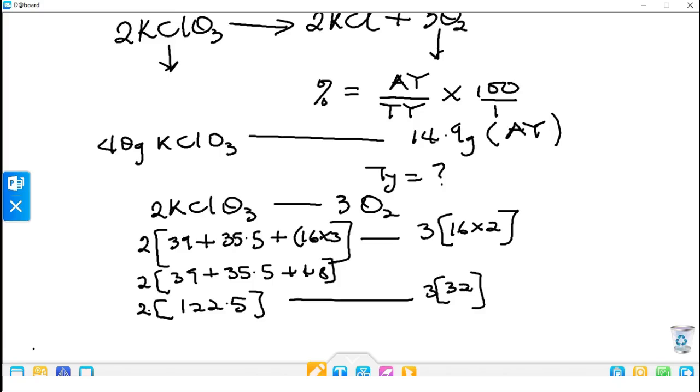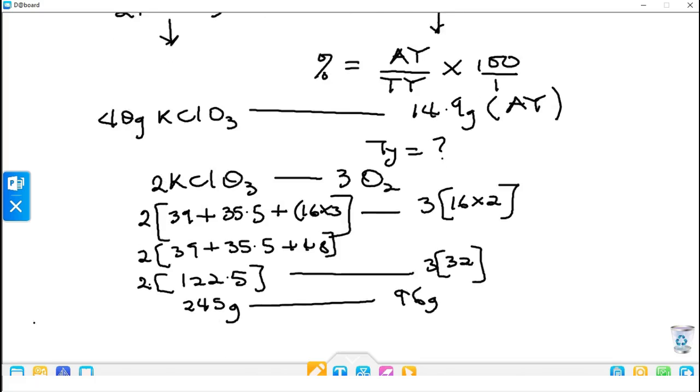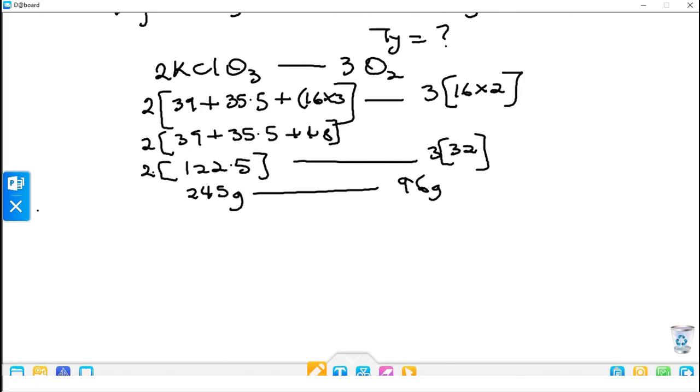So when we multiply that, we have 245 grams of potassium chlorate giving us 96 grams of oxygen gas. So from the balanced equation, it is seen that 245 grams of potassium chlorate gave 96 grams of oxygen gas.